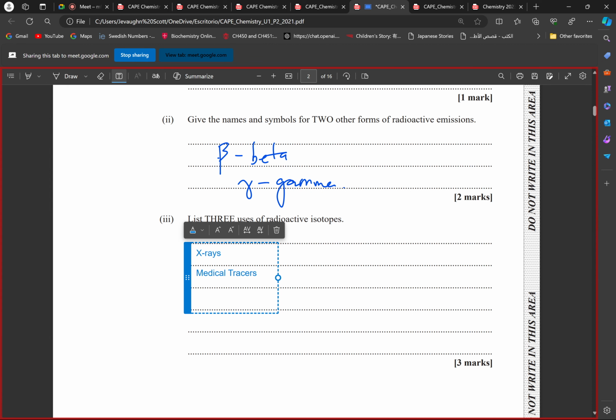Okay, so carbon dating. Somebody mentioned something that is not normally said all the time. What about energy generation? Yeah, energy generation is there.